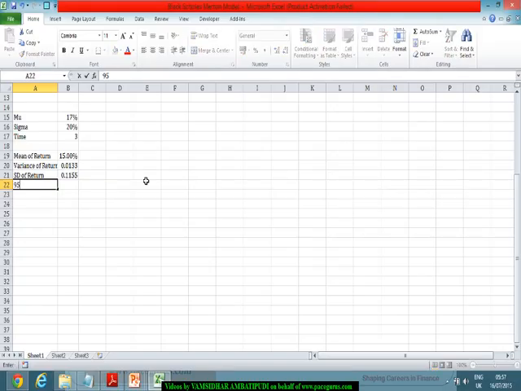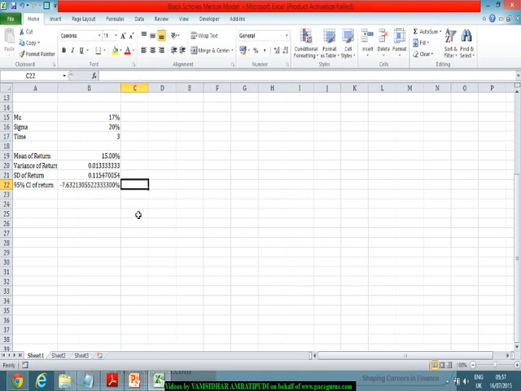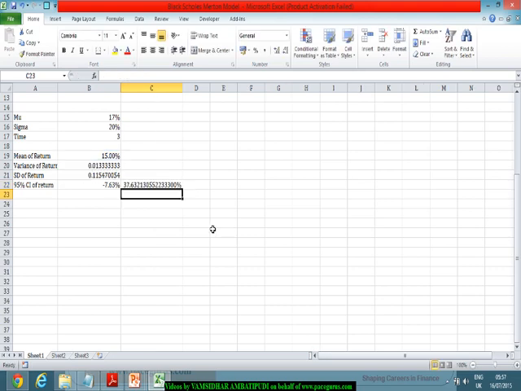So I can talk about the 95% confidence interval of the return, from the mean minus 1.96 times the standard deviation to the mean plus 1.96 times the standard deviation.